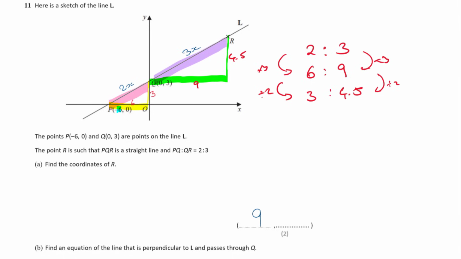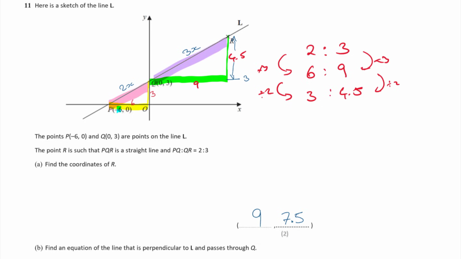Then for the Y coordinate, if I'm already at 3 here in the direction of Y and I go up another 4.5, that's going to take me up to 7.5. So my Y coordinate for R is going to be 7.5.